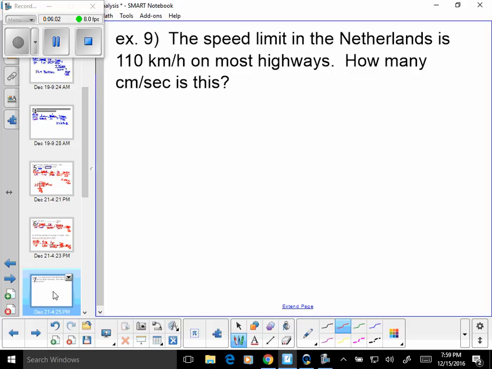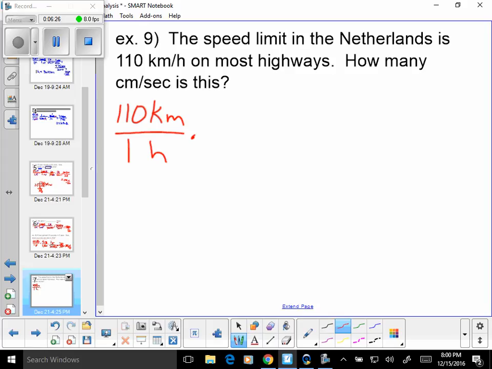All right, we have 110 kilometers per 1 hour. Again, I always start with the top. I don't know why, I've just always done it that way. We want to get to centimeters on the top. Well, if you look on your table for conversions, we really don't have a conversion that takes us directly from kilometers to centimeters.